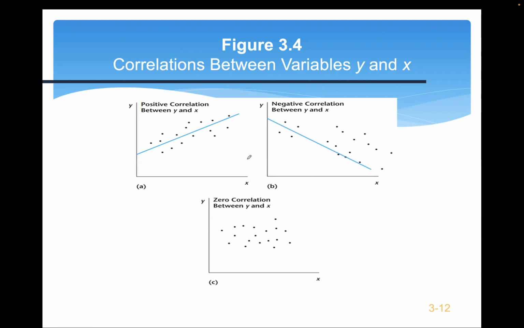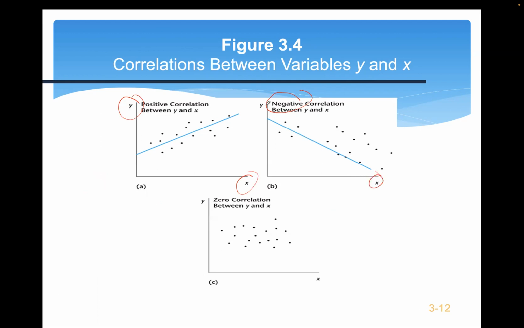Now here, you can see if X and Y are positively correlated, in some sense you can fit this data with an upward slope line. On the other hand, if they are negatively correlated, then you can fit them with a downward slope line, right?